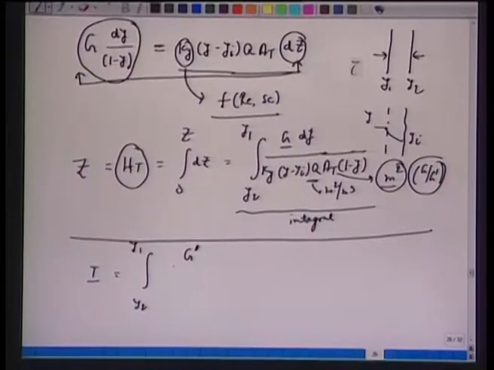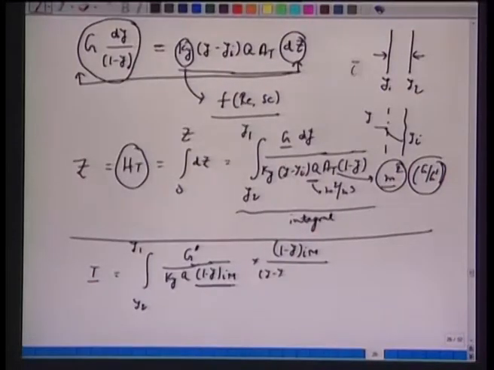G prime over Ky A, we can rearrange to write this as 1 minus y_I m. So, this is not the first time we have introduced this nomenclature here, the I m, it is a logarithmic average. Okay, we will write it. So, we are dividing and multiplying by this quantity 1 minus y_I m over the previous quantities, y minus y_I from here and 1 minus y from here, and we have this dy.